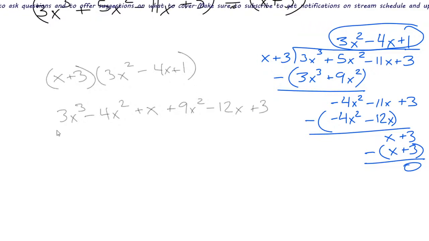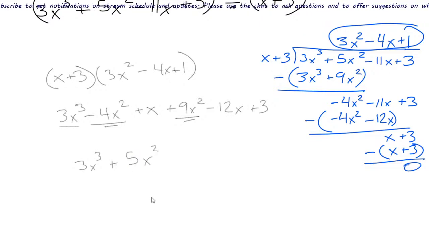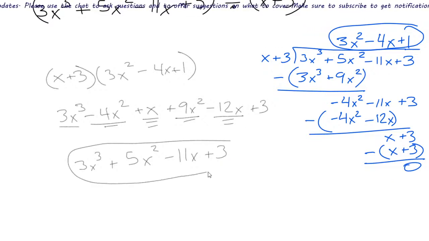Combine our like terms, or simplify this so that everything is in standard form with the highest degree first, so 3x cubed. We have a negative 4x squared and a 9x squared. So we combine those and you get positive 5x squared. Then you have an x and a negative 12x. So x minus 12x is going to be negative 11x. And then plus 3, does this match up to what we were dividing from? And we were, so this is good. So our answer is good.